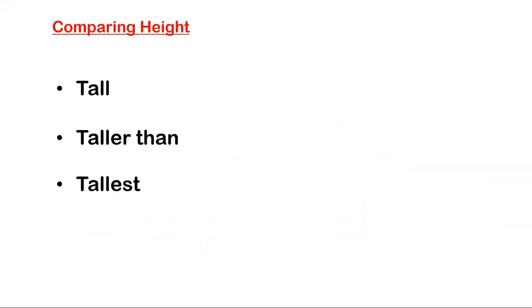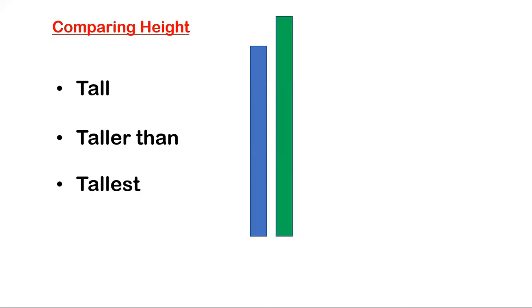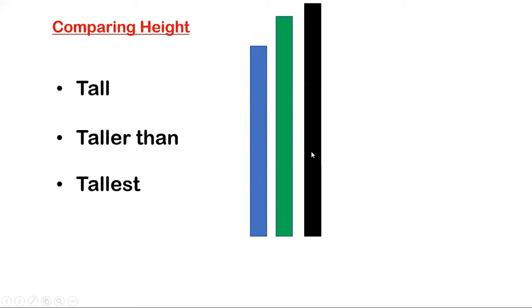Let's compare the height. When we compare height, we say tall, taller than, and tallest. Now look at this blue bar. The blue bar is tall, but the green bar is taller than the blue bar, and the black bar is the tallest.